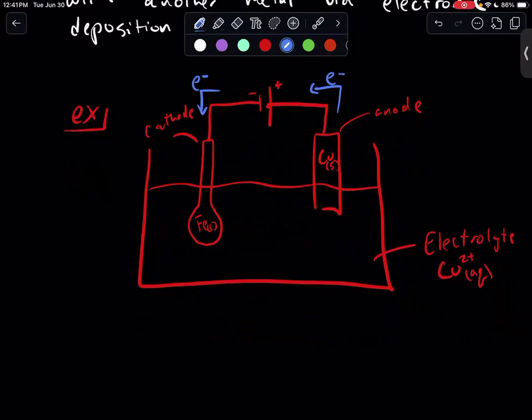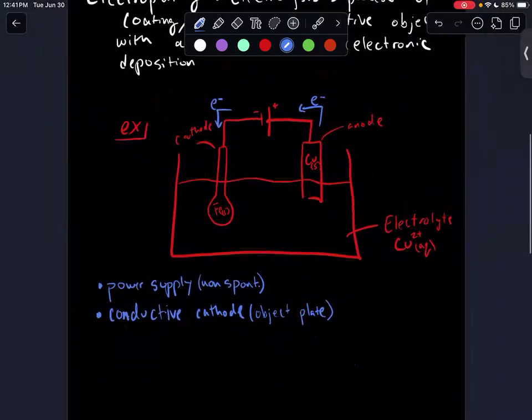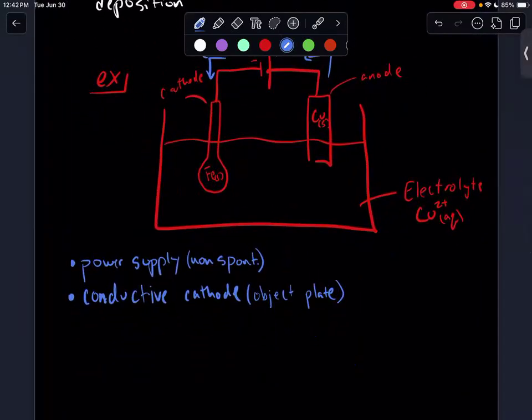A couple key components here: number one, we need a power supply. This is still electrolysis, so this is non-spontaneous. So we need to include our own power. Furthermore, we need a conductive cathode. This is going to be the object we plate. It can be metal, which is always going to be conductive, but it could also be something like platinum, and that would work just as well, or graphite, which is non-metal but still conductive.